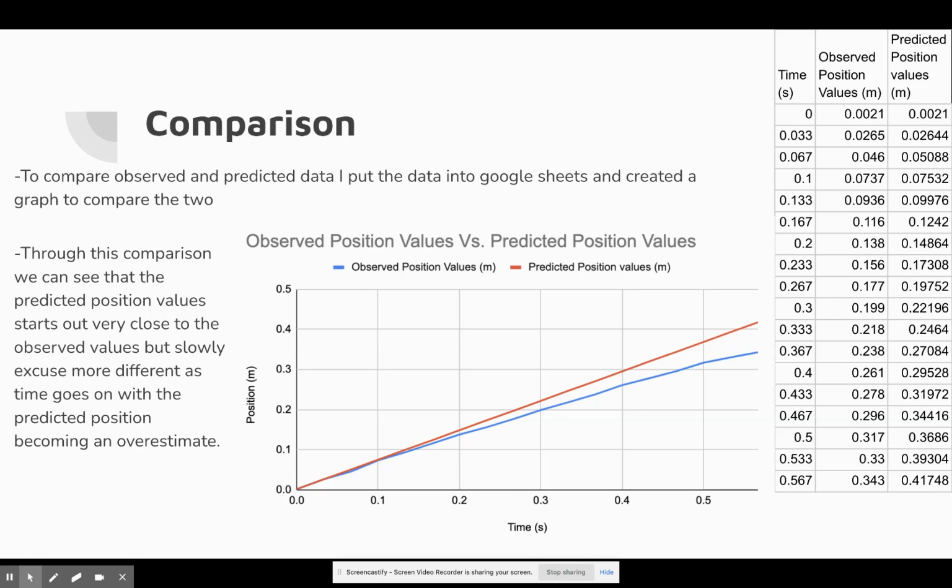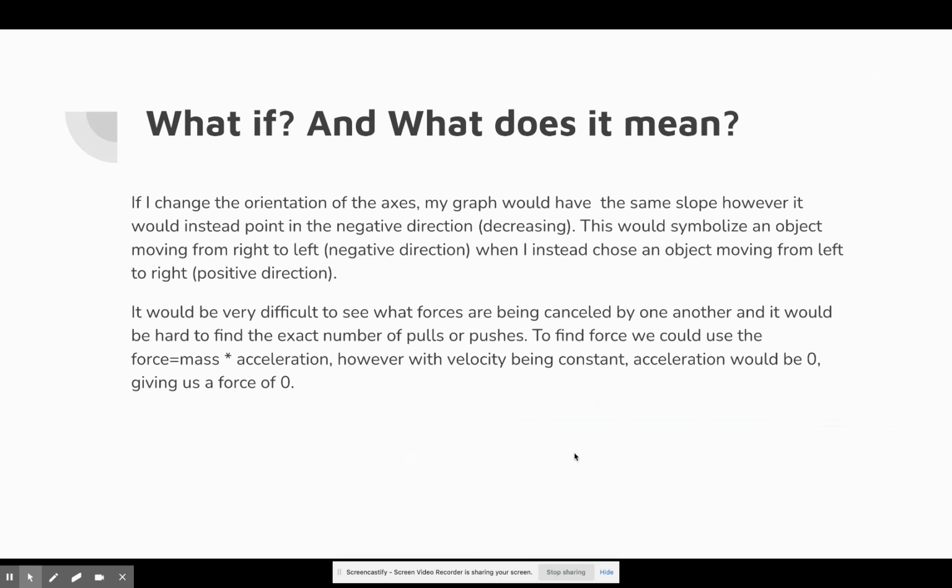However, our predicted position values, where we definitely had that constant velocity, are extremely straight and become almost an over prediction for the observed, because the observed seems to go down as time continues and deviates from that really constant velocity. We can also see that on our data table: at the beginning it's relatively close, and then towards the end it begins to deviate by about 0.1.